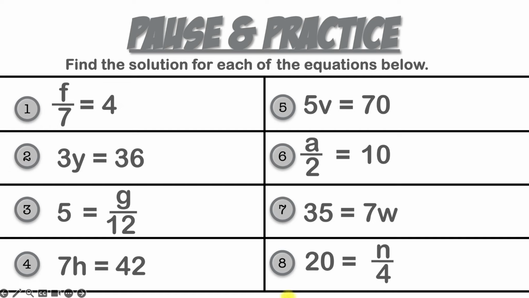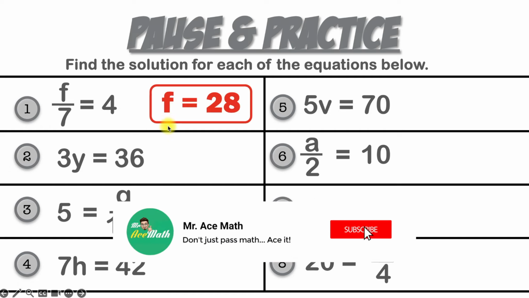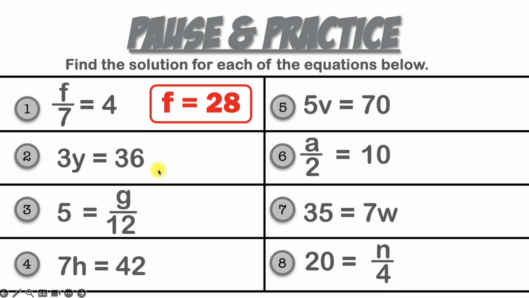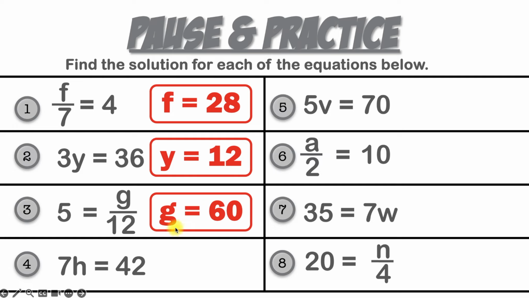So let's take a look at our answers. Number 1. The solution is f equals 28. Number 2. The solution is y equals 12. Number 3. The solution is g equals 60. Number 4. The solution is h equals 6.